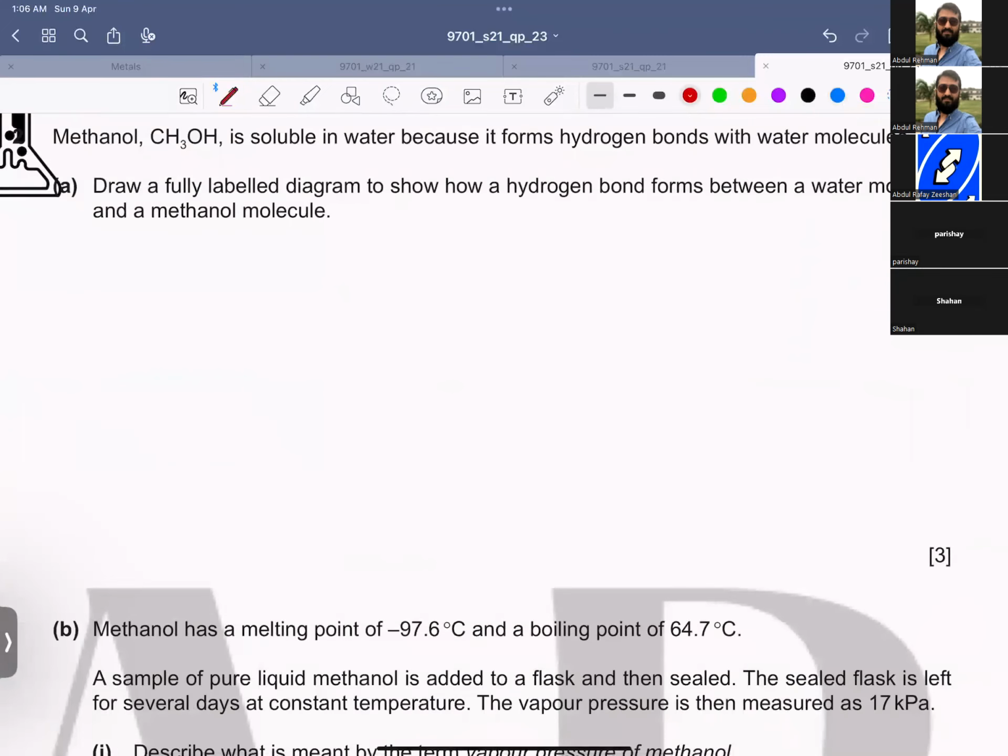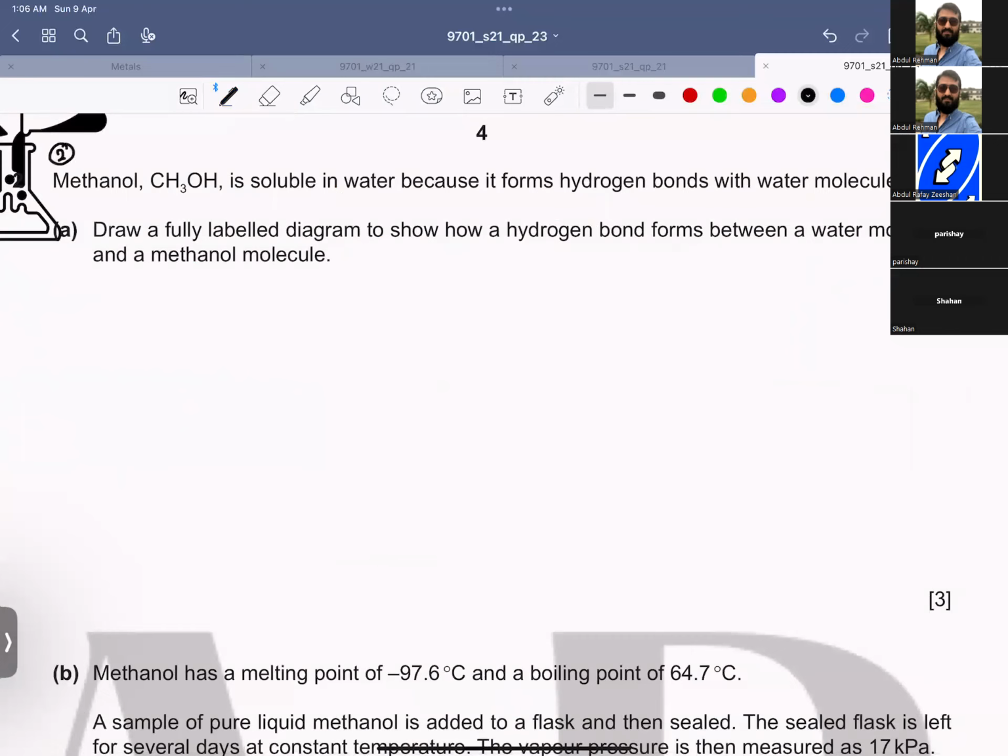Now, this is question number 2. Methanol, CH3OH, is soluble in water because it forms hydrogen bonds with water molecules. Draw a fully labeled diagram to show how a hydrogen bond forms between a water molecule and methanol. You have to make sure of three things while making this diagram. The first one is the structure.